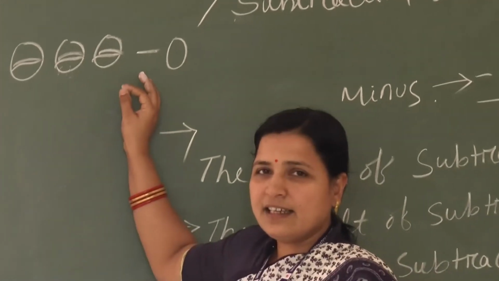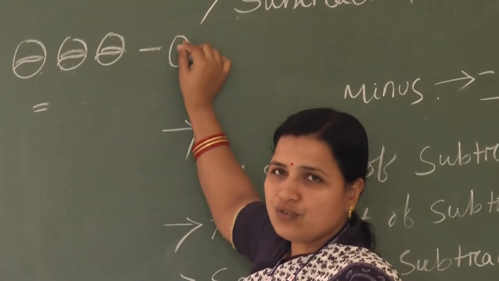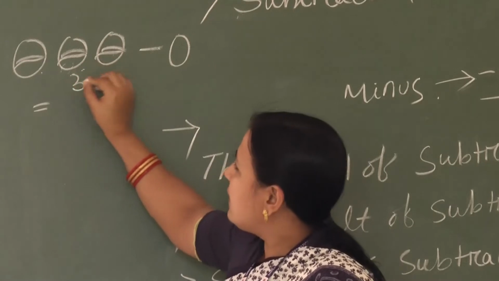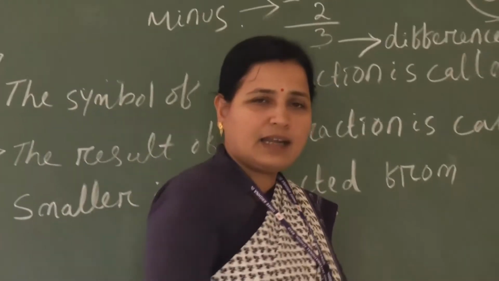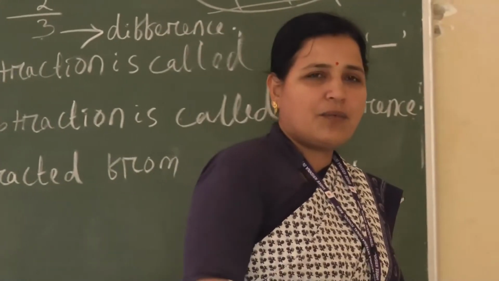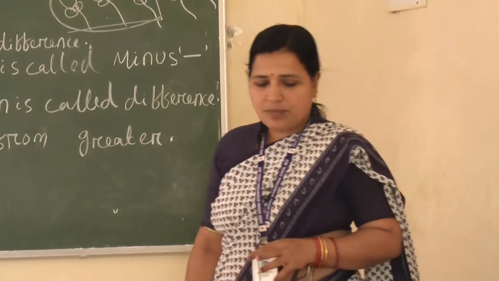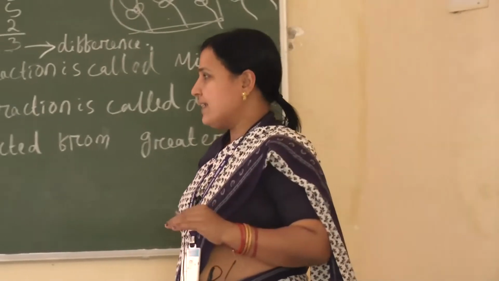Any change? Nothing. So 3 balls are there. When you subtract 0 from 3, the answer is also 3. When you subtract 0 from any number, the subtraction result has no change. 0 subtracted from a number is the number itself.